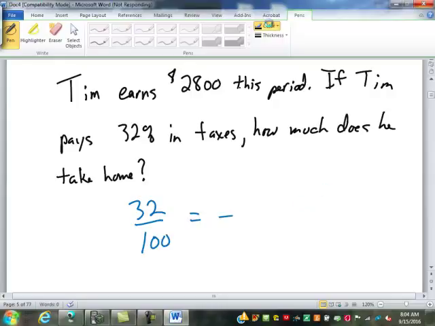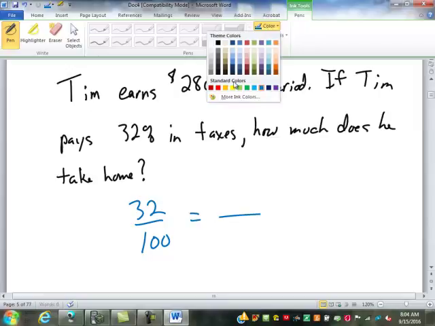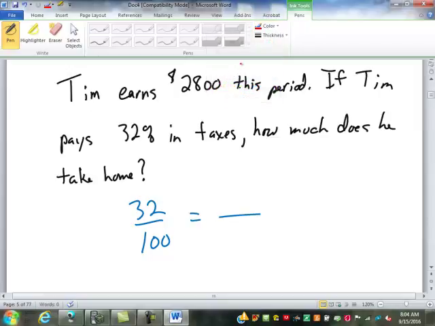What's the 32 represent? It represents the taxes, right? The taxes are calculated out of his pay, right? So the 100% is his earnings.